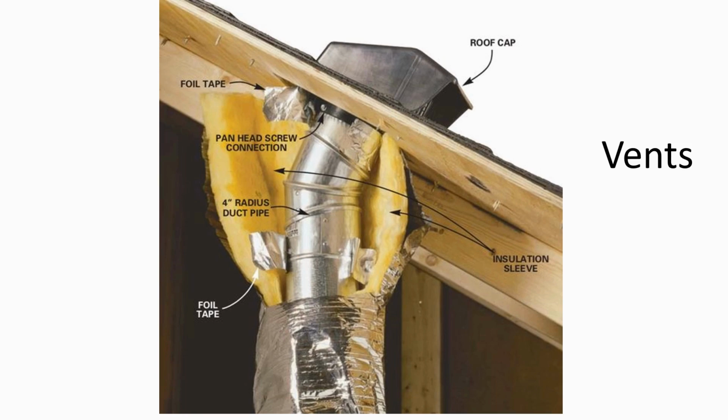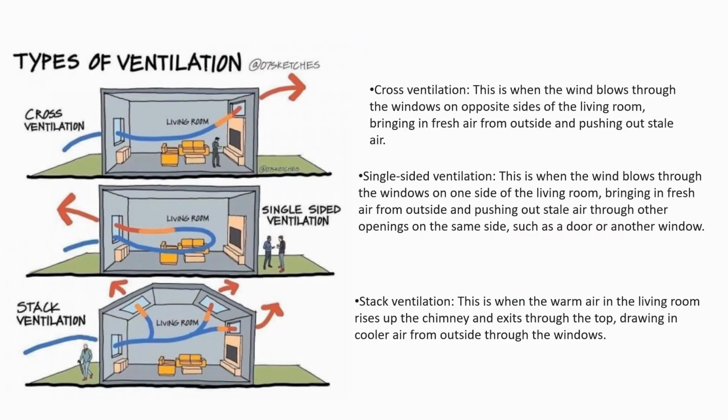Hot air rises and escapes through the higher vent, and at the same time draws cooler air in through lower openings. In the figure here, we can see different types of ventilation. We have cross ventilation, single side ventilation, and stack ventilation.